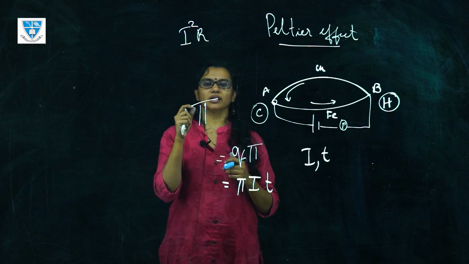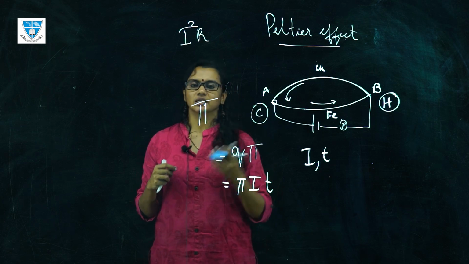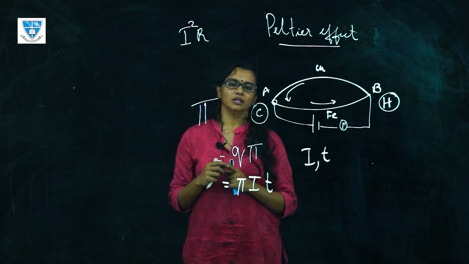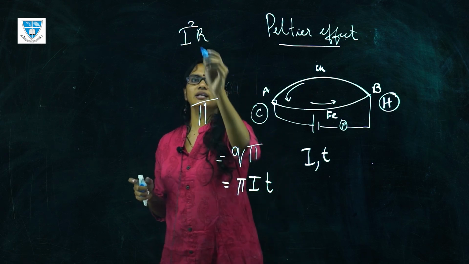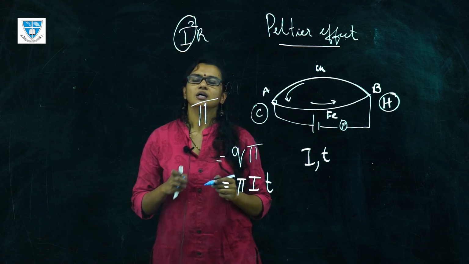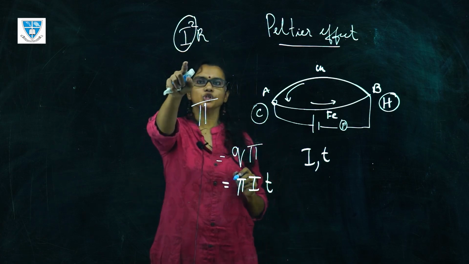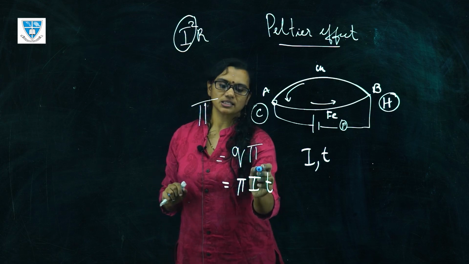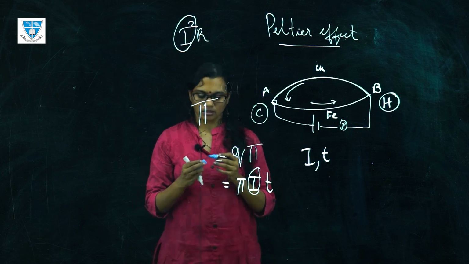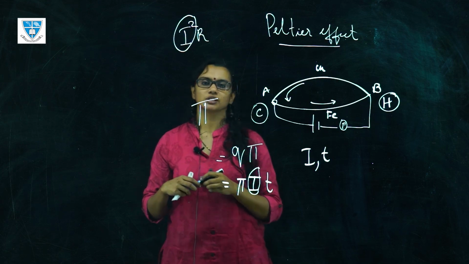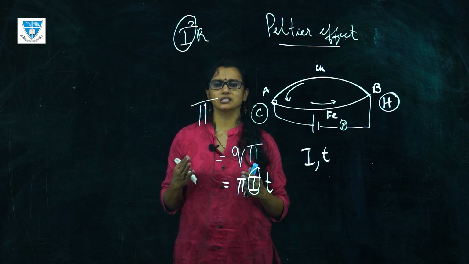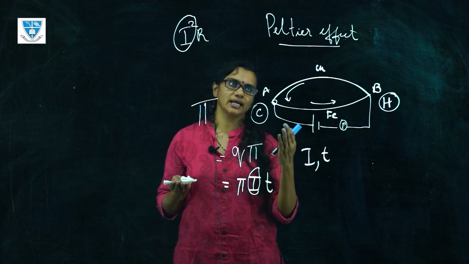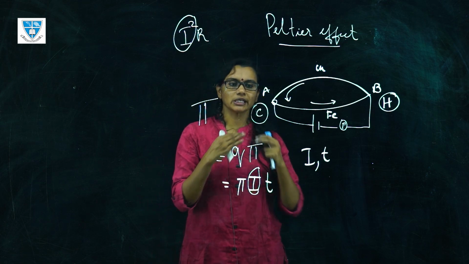You have I squared R as the heat generated in a conductor having resistance R. So in Joule's heating the power is proportional to I squared, whereas in the Peltier effect it is only proportional to the current I. There are various differences between Joule's effect and the Peltier effect, even though it looks very familiar.